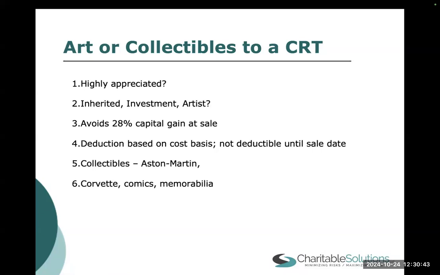With any tangible property like a collection, the only way you can deduct the full fair market value is if the organization has a related use for it. Like an Andy Warhol: I'm donating an Andy Warhol to the Met. They have a related use for it, so I deduct the full fair market value. A CRT, no matter what, does not have a related use for tangible property. So it's always going to be the lesser of the basis or fair market value.